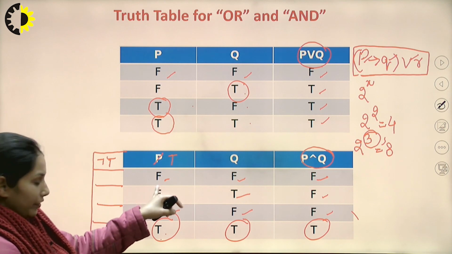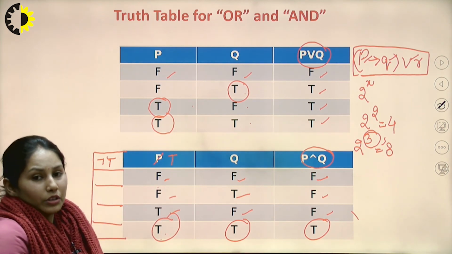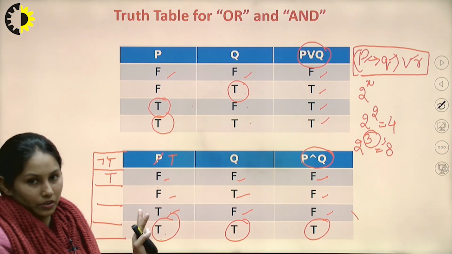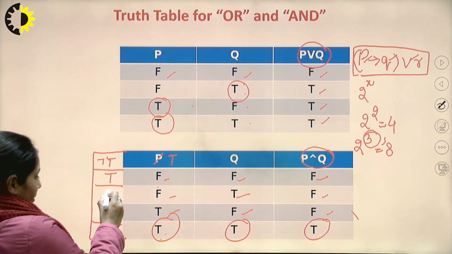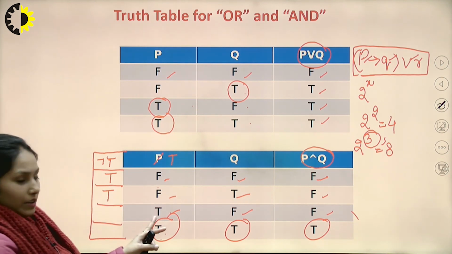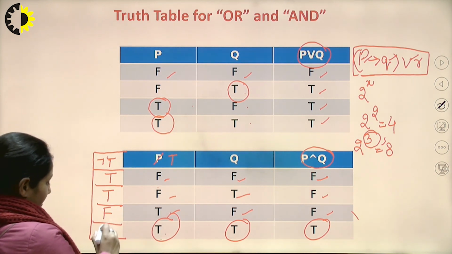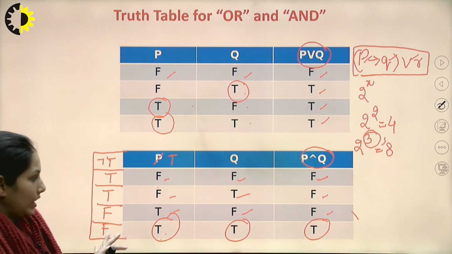What would be the negative form of false? That is true. So this is like reversing your value. F will be converted into T, again F into T, T will be converted into F, and again T into F. So this is the negation value.